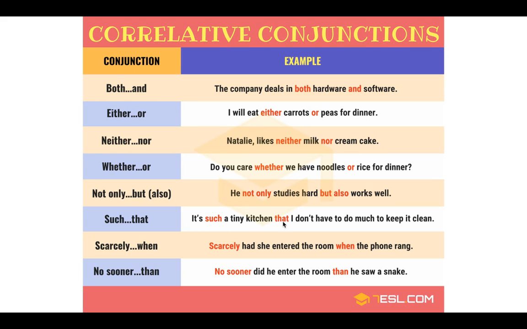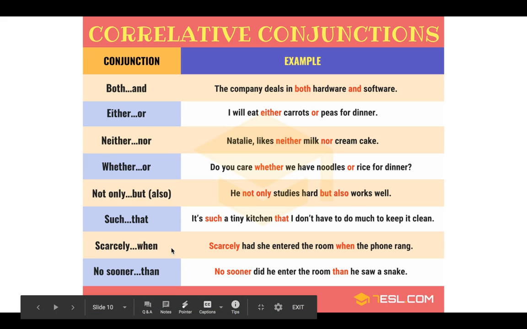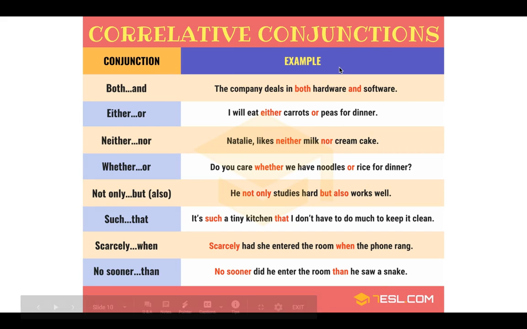It's such a tiny kitchen that I don't have to do much to keep it clean. Scarcely and when. Scarcely had she entered the room when the phone rang. And no sooner did he enter the room than he saw a snake. So you have to make sure that your conjunctions are correlating. They're going together so that your sentence makes sense.